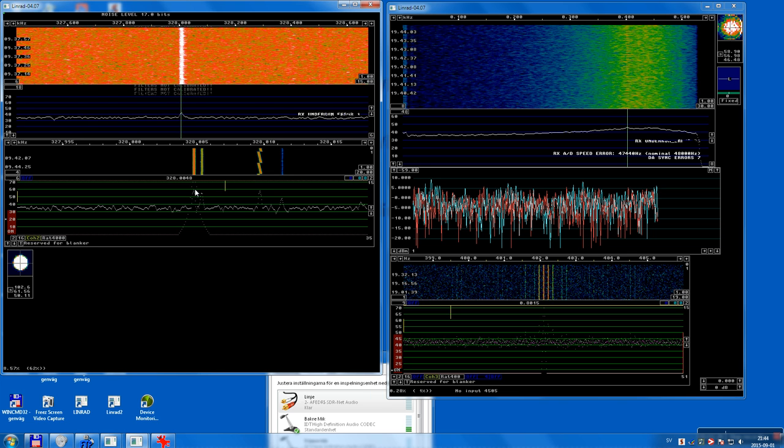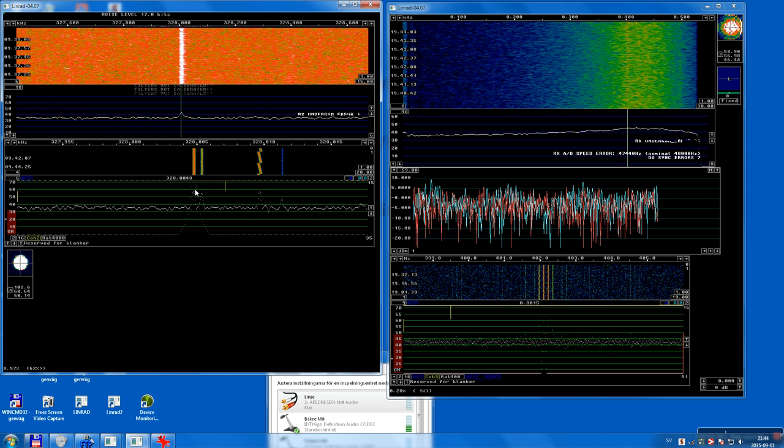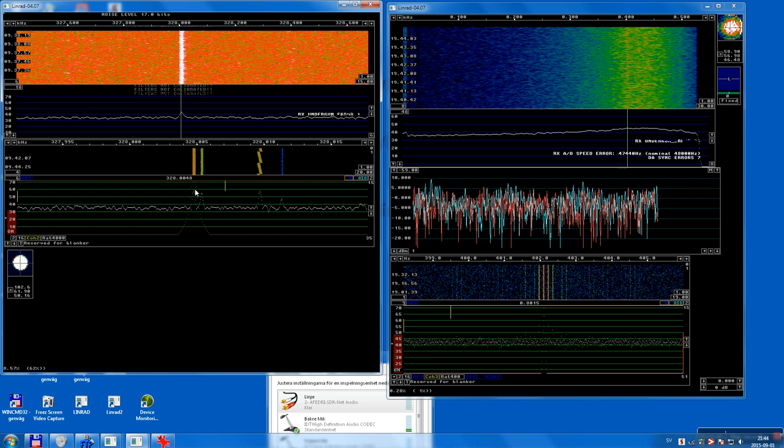And I would think 10 decibels would be with margin good enough to get an accurate enough phase for the coherent processing to be successful.